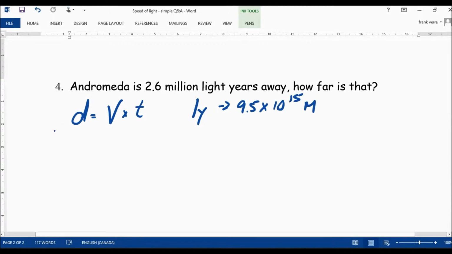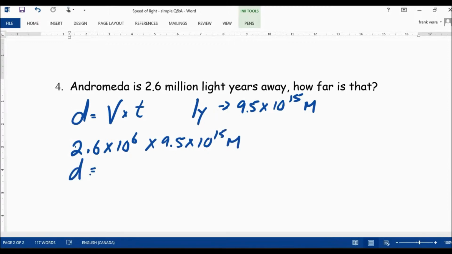So it would stand to reason that 2.6 million light years would be 2.6 times 10 to the 6 times 1 light year, which is 9.5 times 10 to the 15 meters. So in this case, the answer is going to end up being 2.47 times 10 to the 22 meters, which is just an incredibly large number.